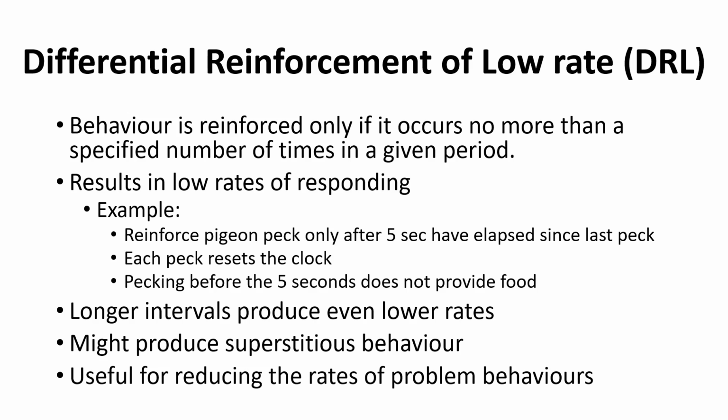Each time they peck, it restarts that 5-second clock. If it's been, say, 2 seconds since they last pecked, they're not going to receive reinforcement. But if they can wait at least 5 seconds before they peck again, then they get reinforcement, in this case in the form of food.